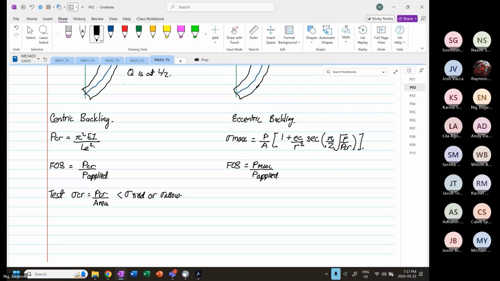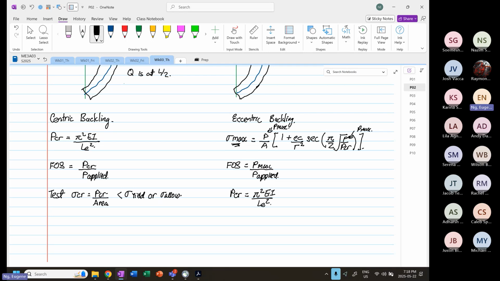Okay. So over here, if this is stress max, what we calculate is also equal to our P max. The only thing that's similar regarding eccentric and centric buckling is that in this case, PCR is still equal to pi squared EI over LE squared.